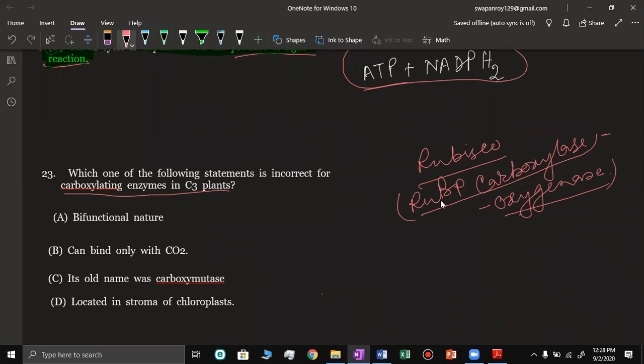So this is the carboxylating enzyme in C3 plants.